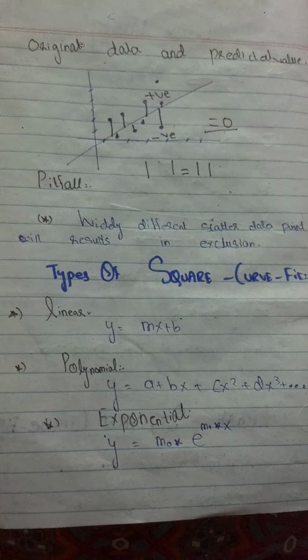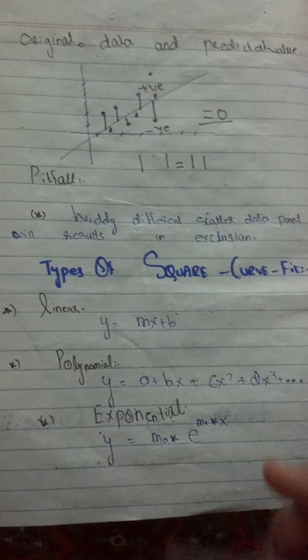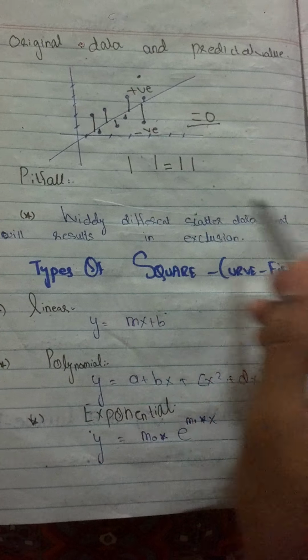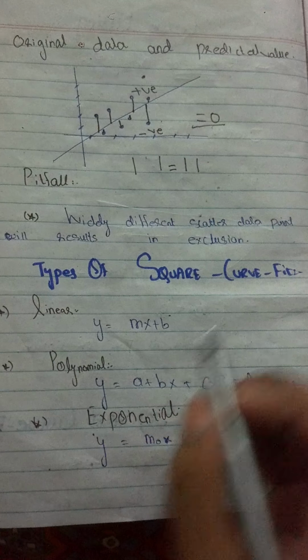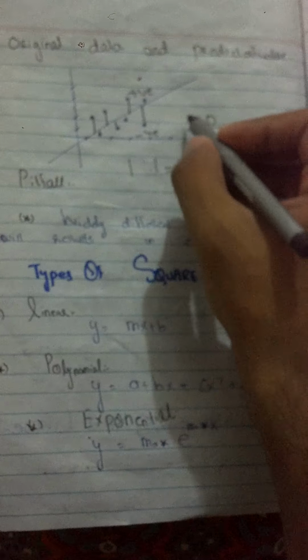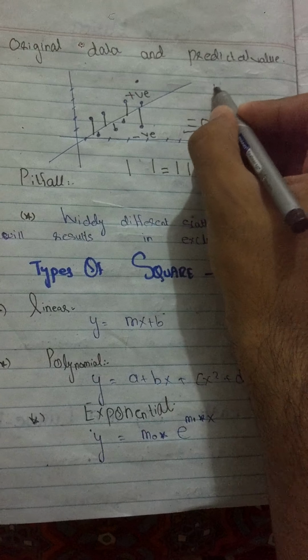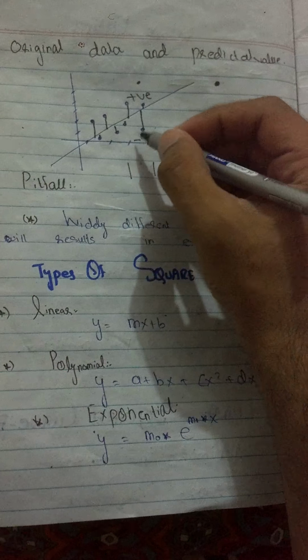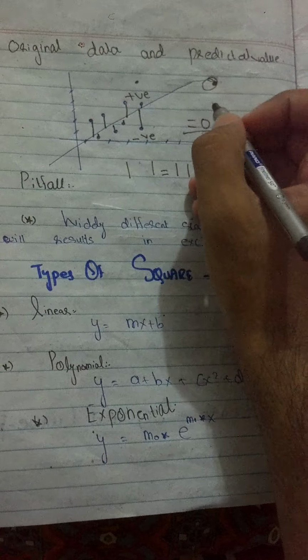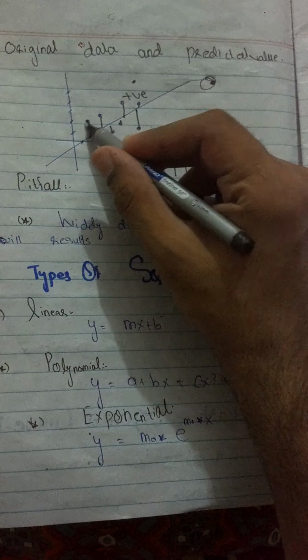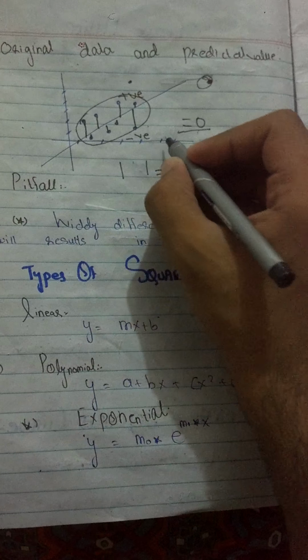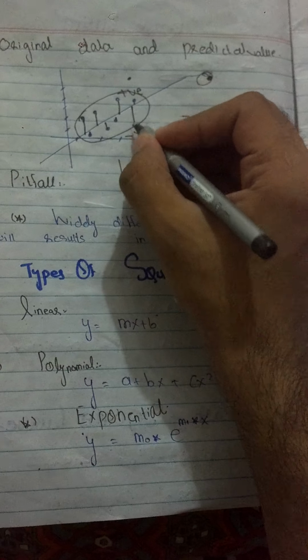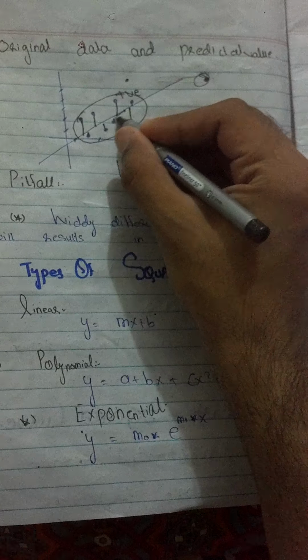So what is the pitfall? There's a very huge pitfall for using the least squared curve fitting. That is, if a value is very far, something like here, the curve fit will exclude that value, and it will just consider the values which are very close, near, or on the line like this.